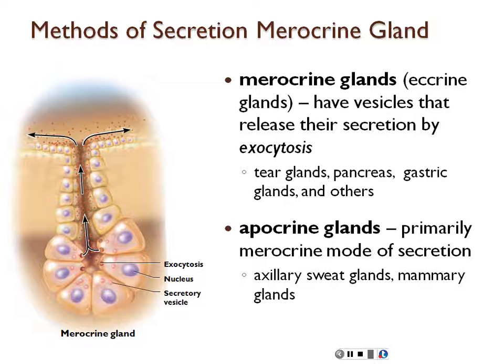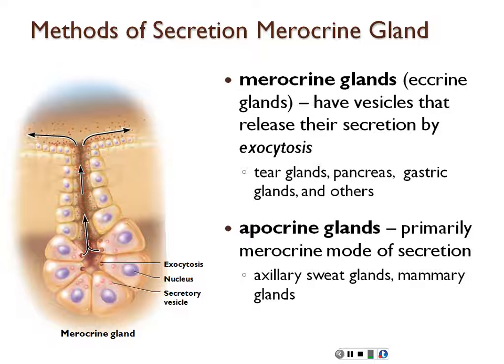There are merocrine type secretions, and they have vesicles that release their secretion by exocytosis. And if you look closely at these cells, you can see the cells here form the duct, and the cells themselves have the products that are going to be released by exocytosis from each individual cell.